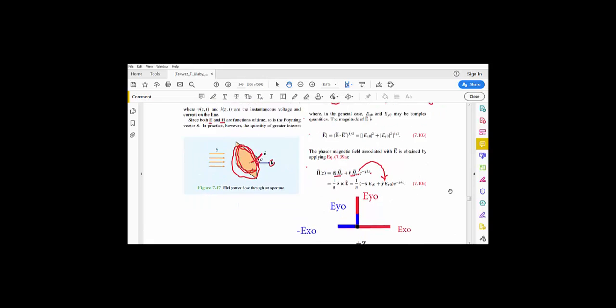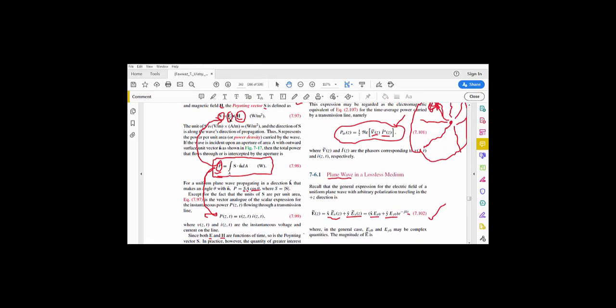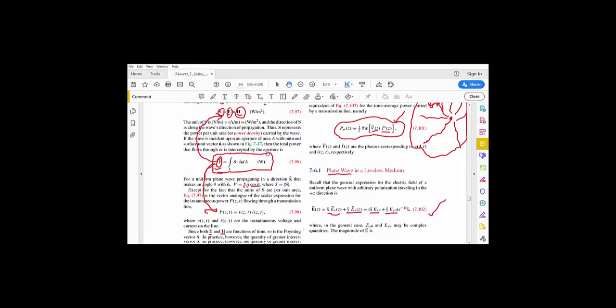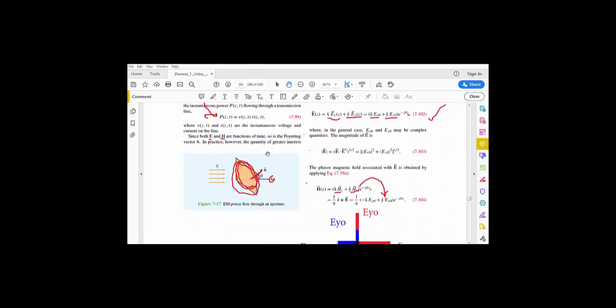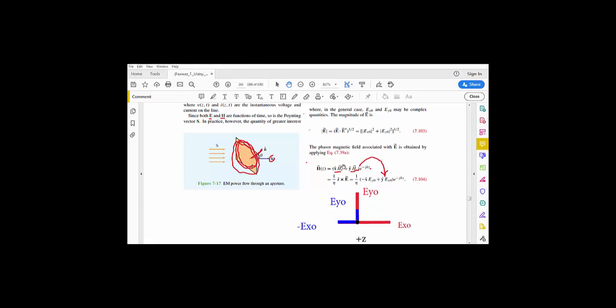We need to take the cross product between the electric field, in red, and the magnetic field, which is now represented by an electric field in blue. Of course, here we need to take the conjugate of the magnetic field, which means the minus in the exponential will be positive, okay.